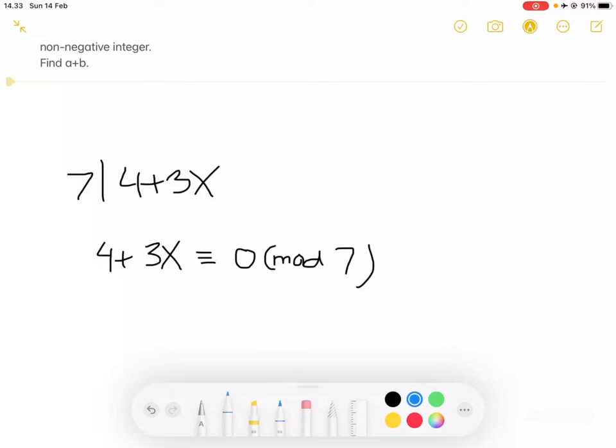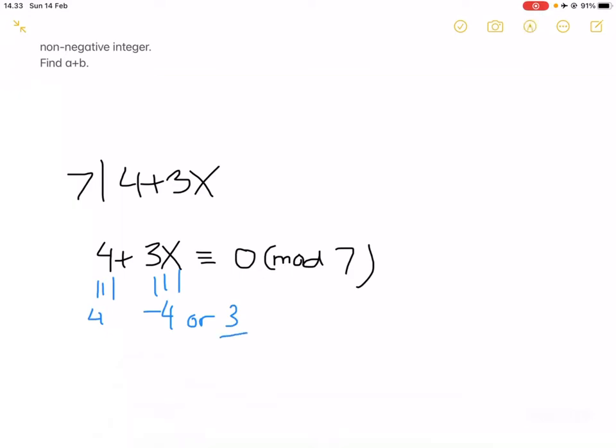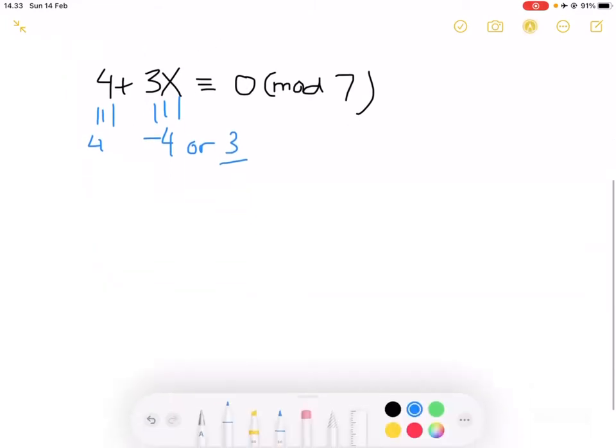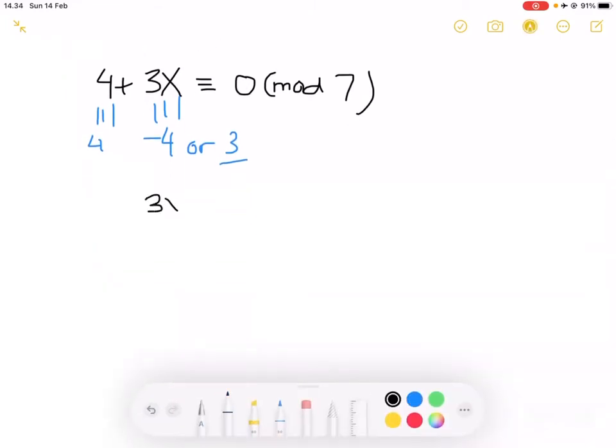Notice that 4 is congruent to 4 mod 7, and to make the left and right sides equal in congruence, we need 3x to be congruent to negative 4, or congruent to 3. If you are not comfortable with negative remainders, you may choose 3, which is what I'm going to choose. So we have 3x is congruent to 3 mod 7.